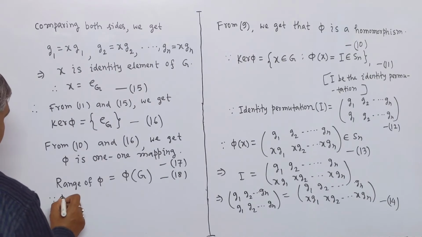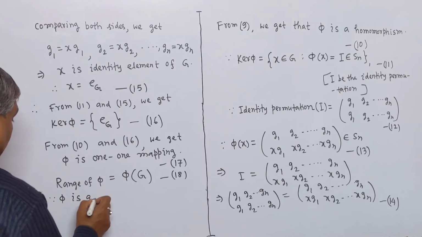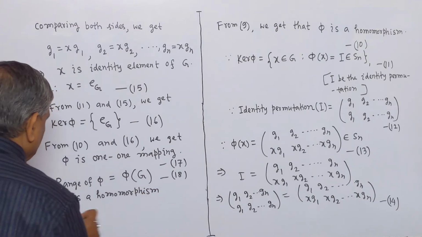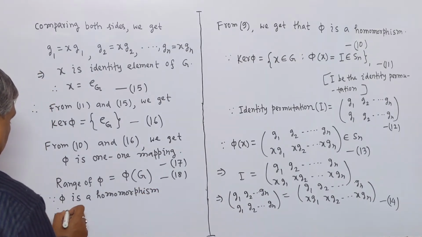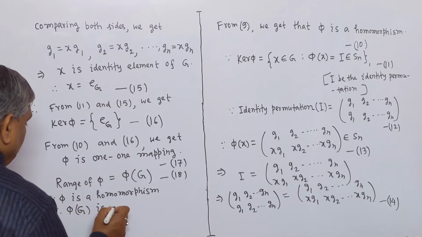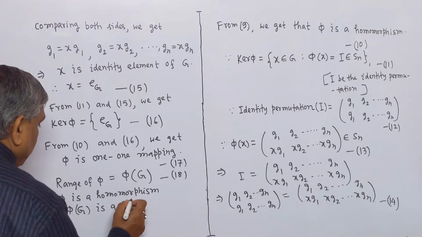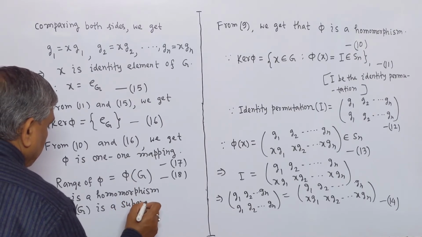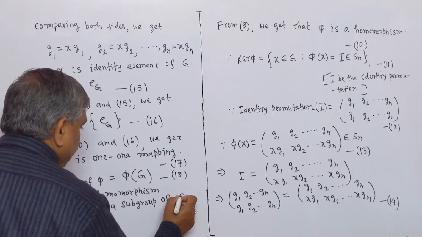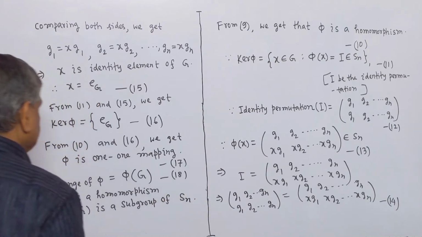Since phi is a homomorphism, therefore phi G is a subgroup of symmetric group Sn.